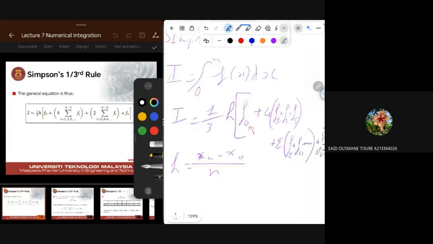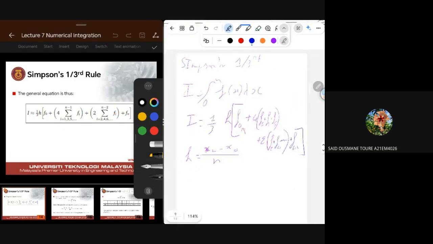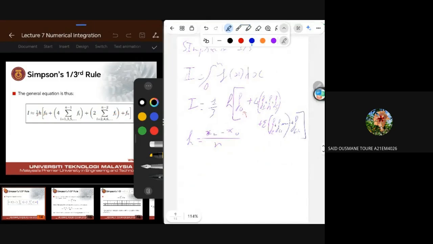Why we call it 1/3 is because here we multiply by 1/3. Hopefully you don't misunderstand it. It's not 7, it's 1. So you multiply I by 1/3. That's the only difference, and you use it the same way. No need to be afraid of the Simpson 1/3 rule.